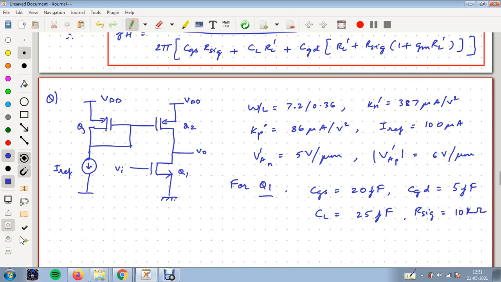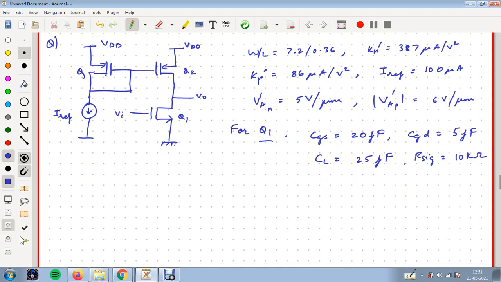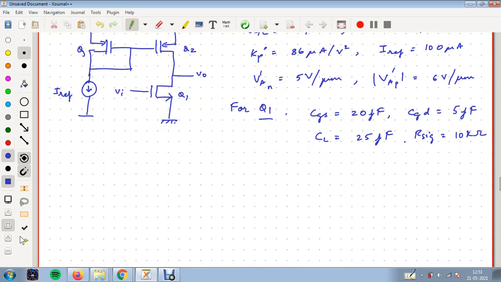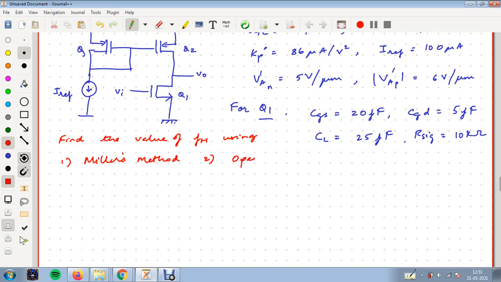So what is asked here? Find the value of FH using Miller's method, and the second one is the open circuit time constant method.